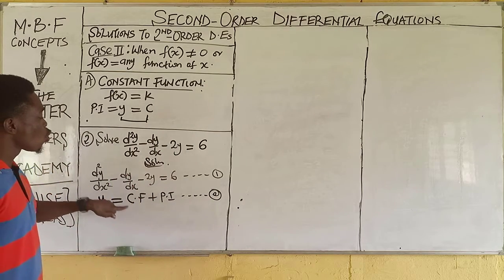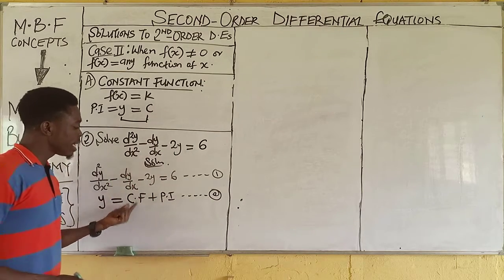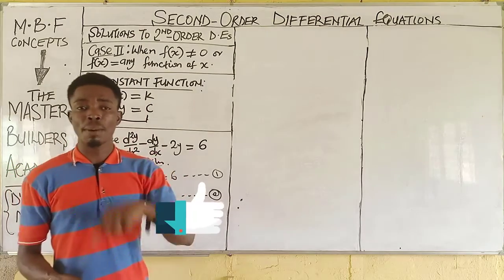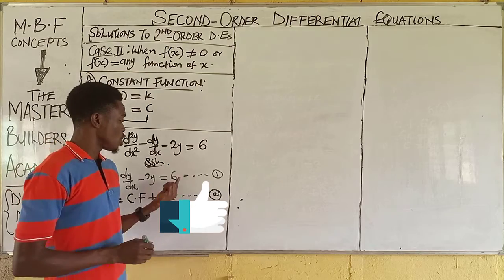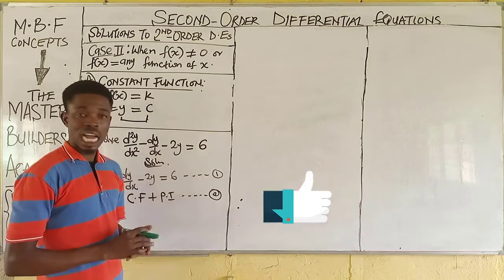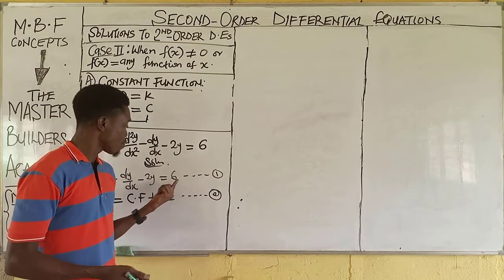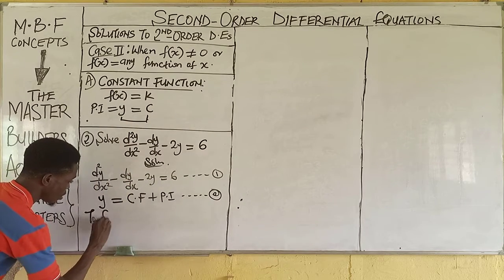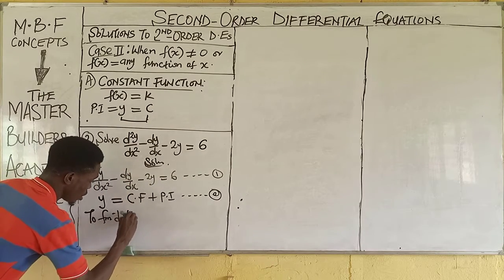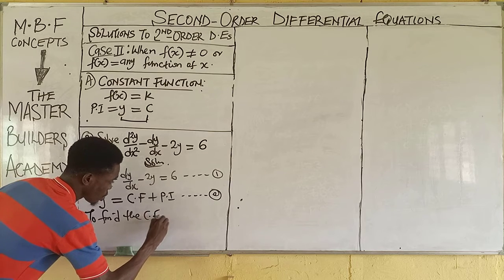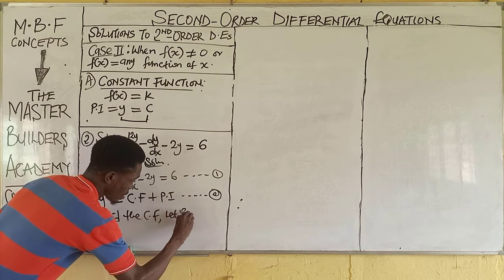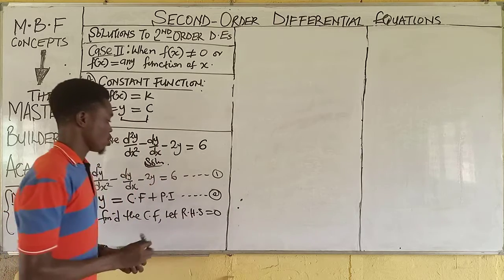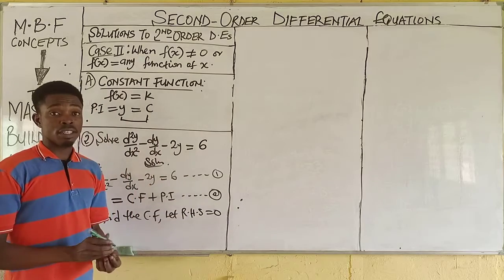Now, how do we now get the complementary function? And like I explained, to get the complementary function, all you need to do is to take the right hand side of the given equation as 0. Equate f of x here as 0. So to find the complementary function, let the right hand side be equal to 0.